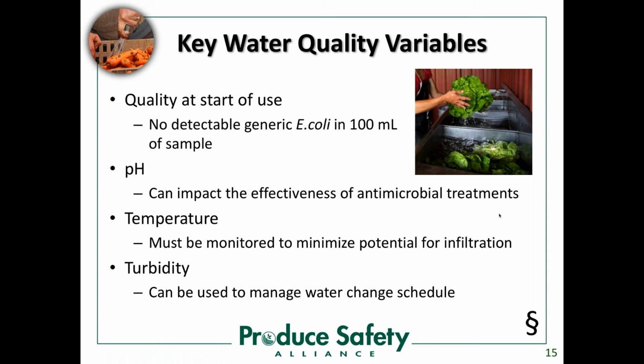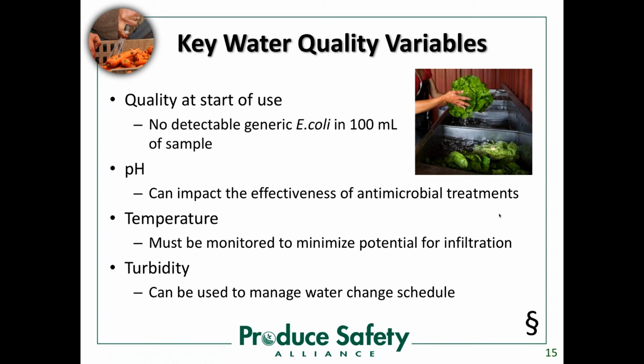So if you had normal temperature well water, say it's 66 degrees or something coming out of the ground, or you had municipal water that was at 80 degrees and the core temperature or pulp temperature of your fruit was 100, then what will happen is as soon as that's submerged, it can create a vacuum inside the produce and water will be sucked into the fruit. And if that water is contaminated, then you get contaminated fruit. And that's what happened with the cantaloupes.